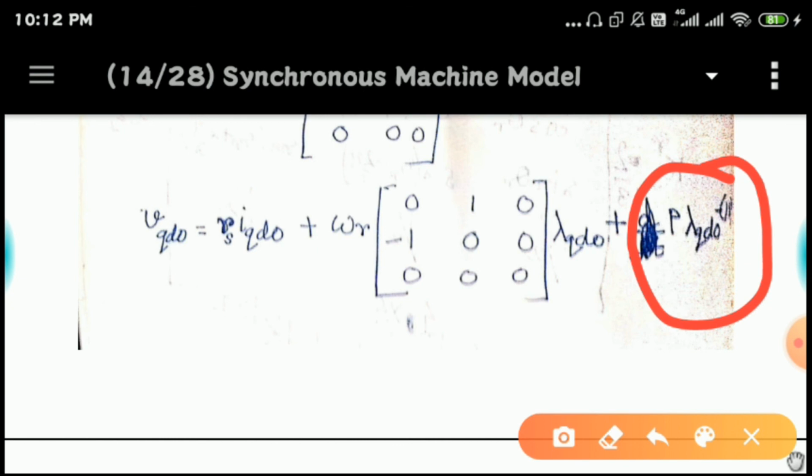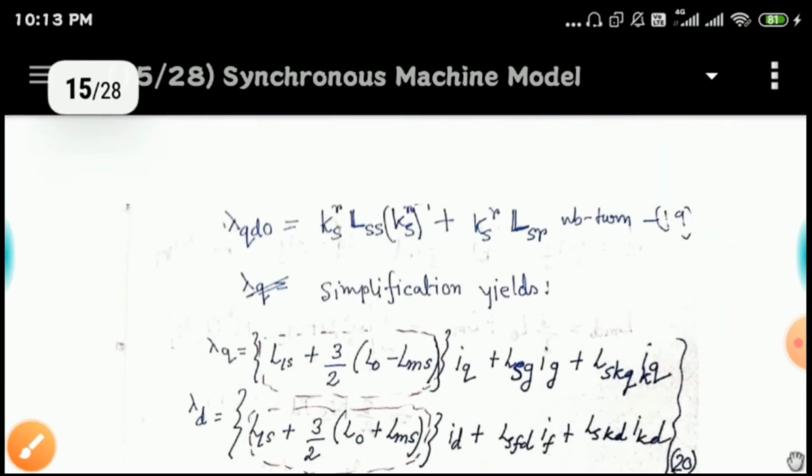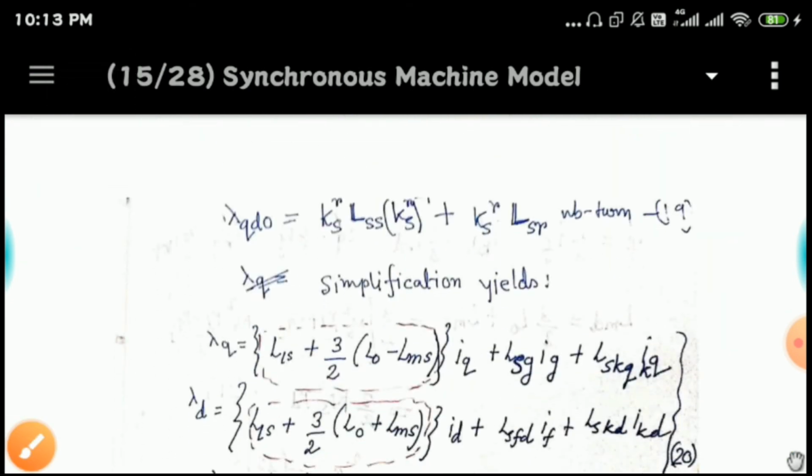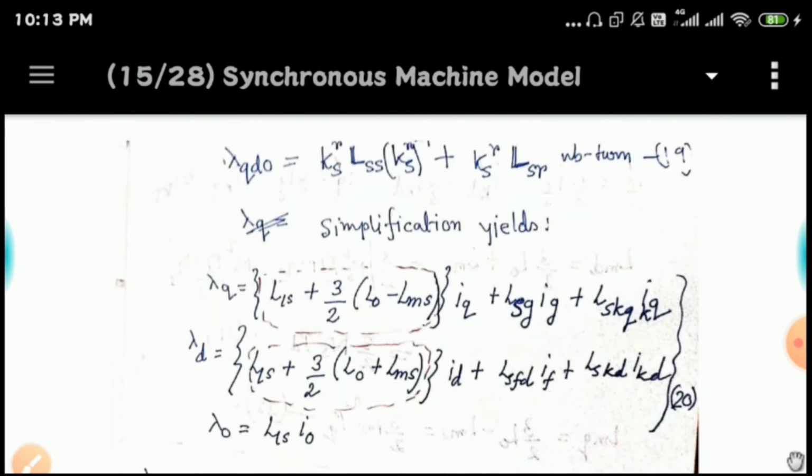It's very annoying. And another thing that is very important to note here: why are we interested in obtaining a mathematical model for a synchronous machine? It is very obvious. In case of a synchronous machine or any machine, suppose you have a 100 megawatt or 1000 megawatt machine, a very large machine.